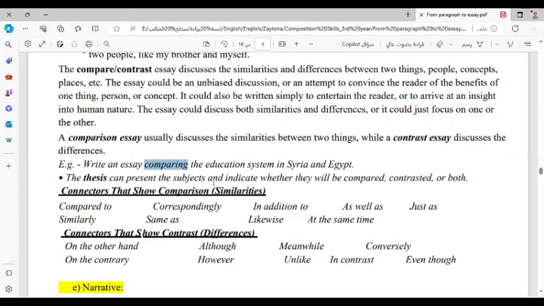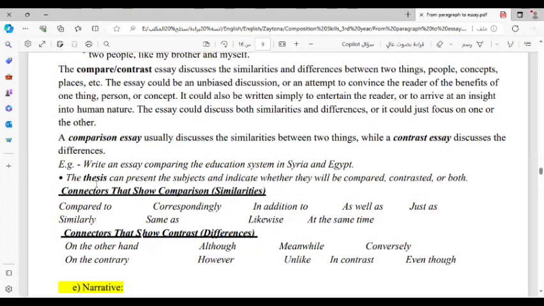For example, both education systems in Syria and Egypt are cheap or expensive or good or bad. So here I will just focus on the similarities between the education system in Syria and Egypt, because I mentioned comparing.